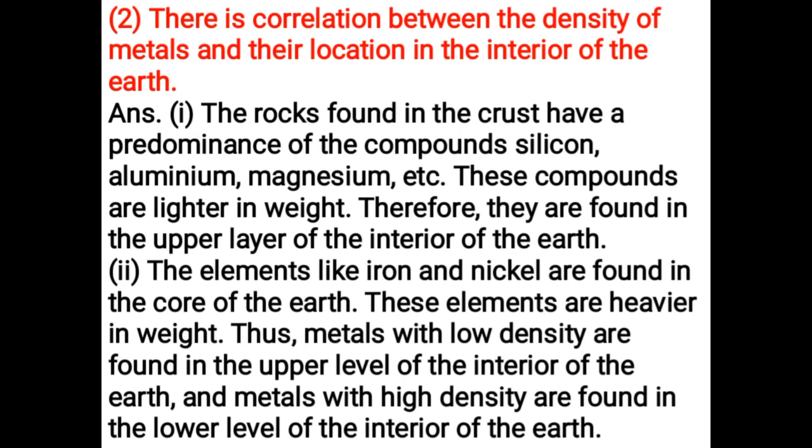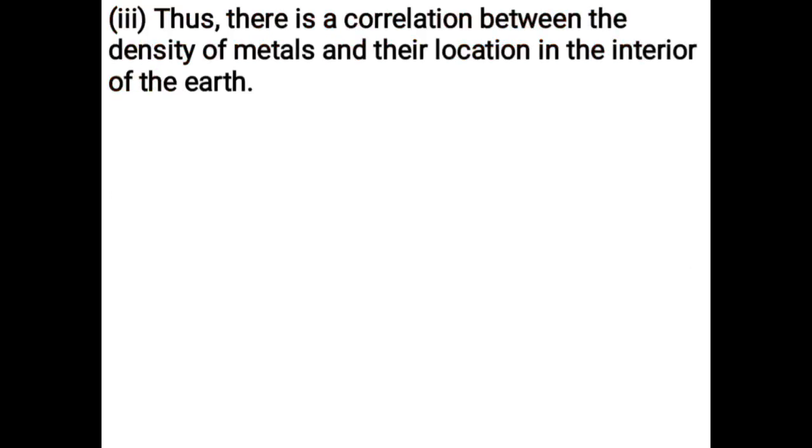These elements are heavier in weight. Thus, metals with low density are found in the upper level of the interior of the Earth, and metals with high density are found in the lower level of the interior of the Earth. Thus, there is a correlation between the density of metals and their location in the interior of the Earth.